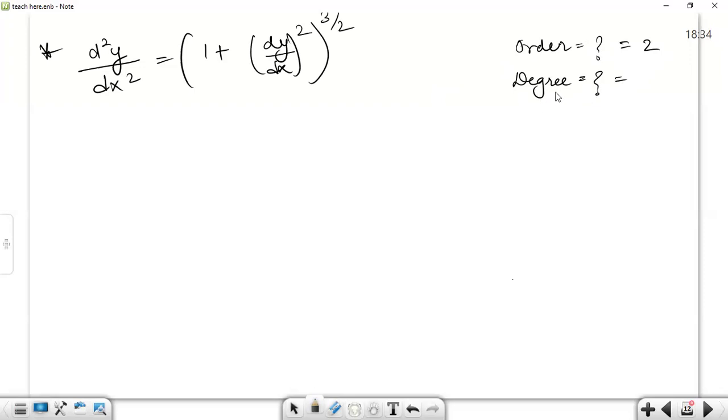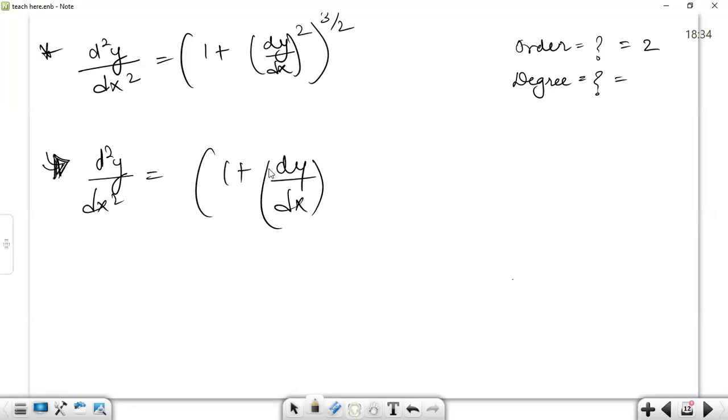Really? This exponent is in fractions, right? Yes, sir. So what will you do? Should I expand it?